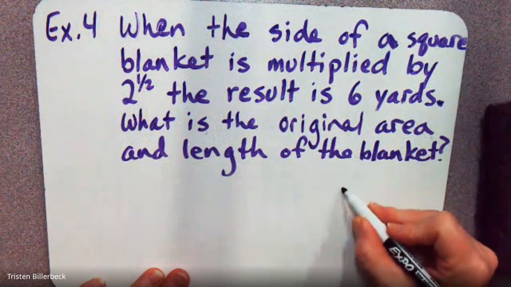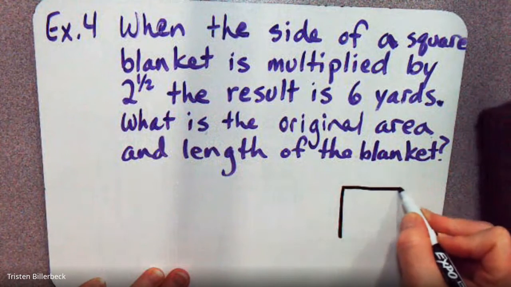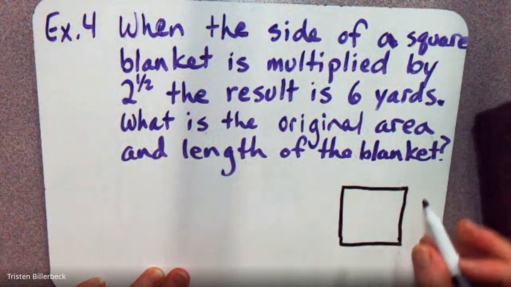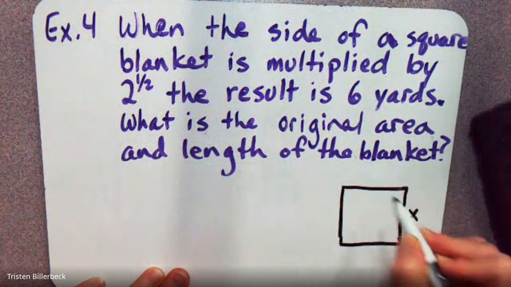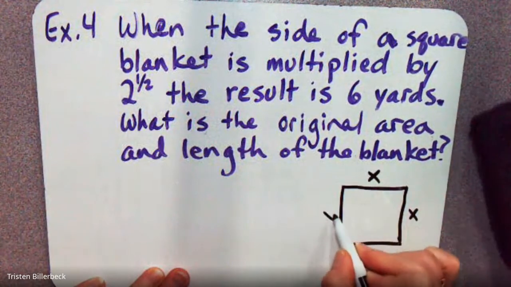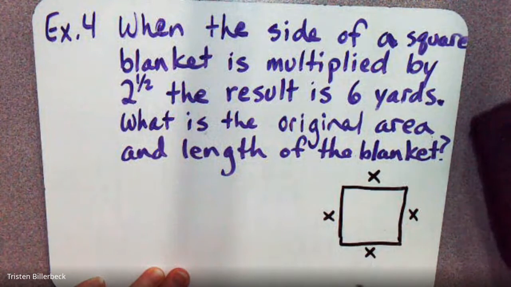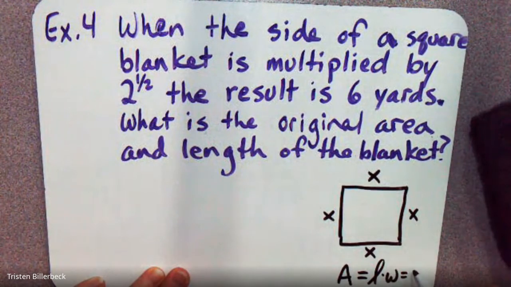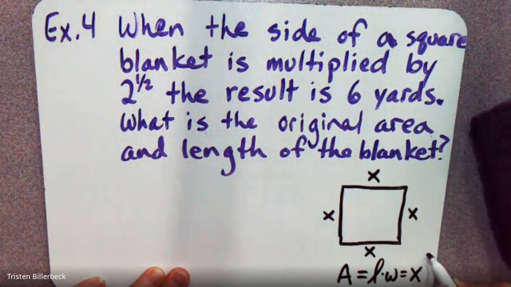So we have this square blanket. So we know the square blanket has all the sides equal. And so the area of a square blanket would be the length times width, or in this case, x times x, which is x squared.